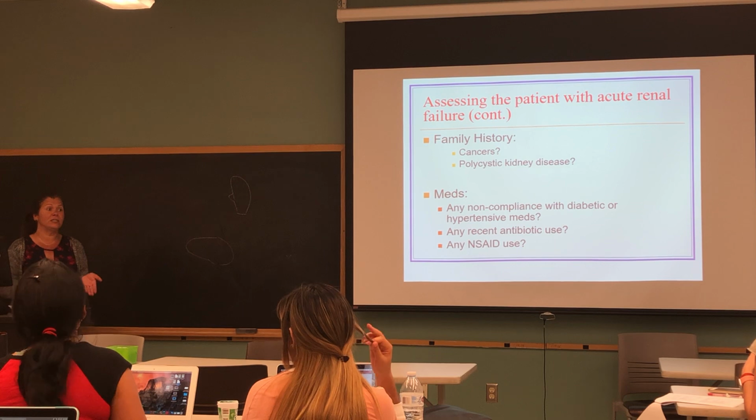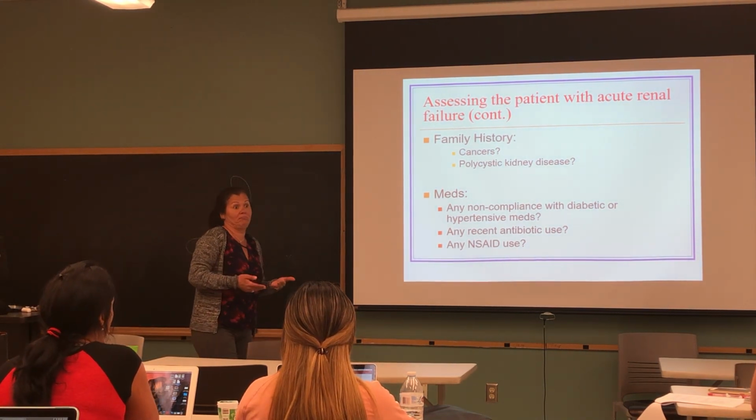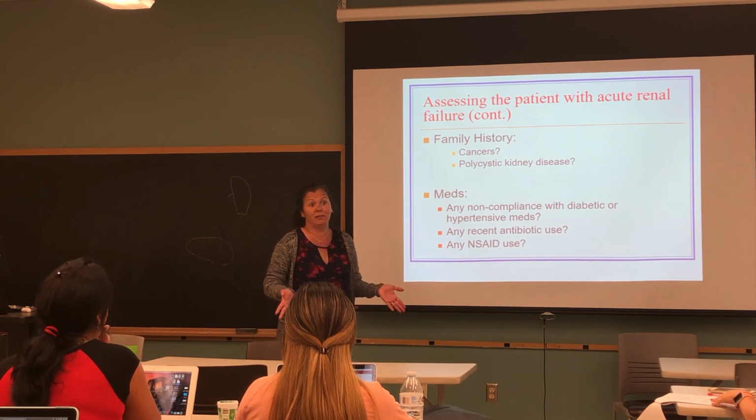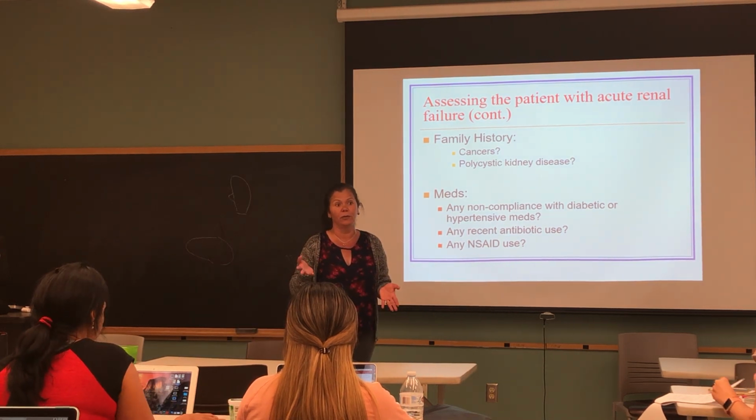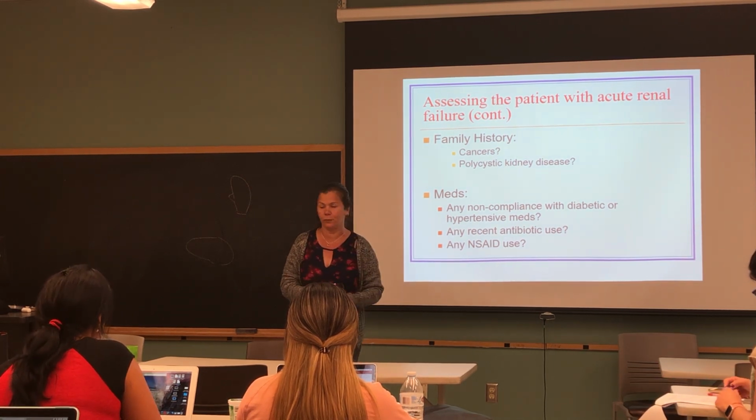But what if the patient tells you, I suffer from hypertension, and the patient doesn't comply with hypertensive medication? We already went through that hypertension is one of the leading causes of nephropathies, and that will be renal failure.